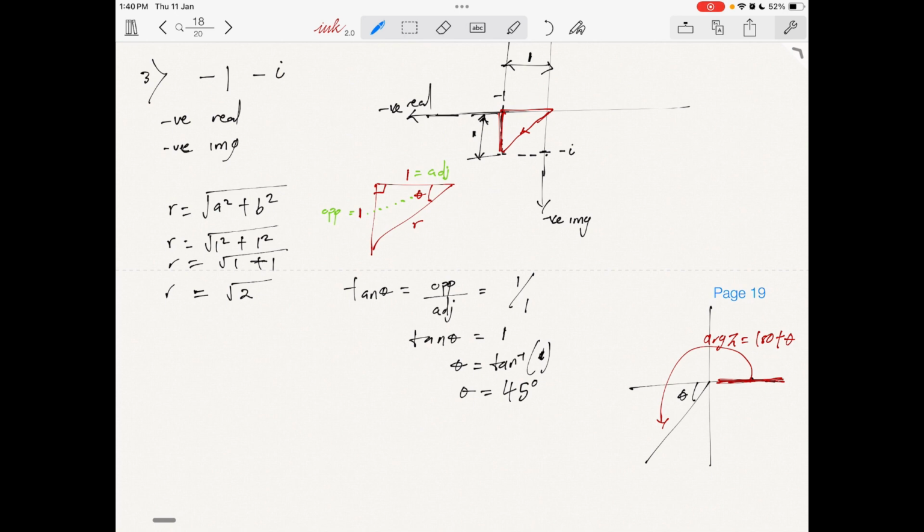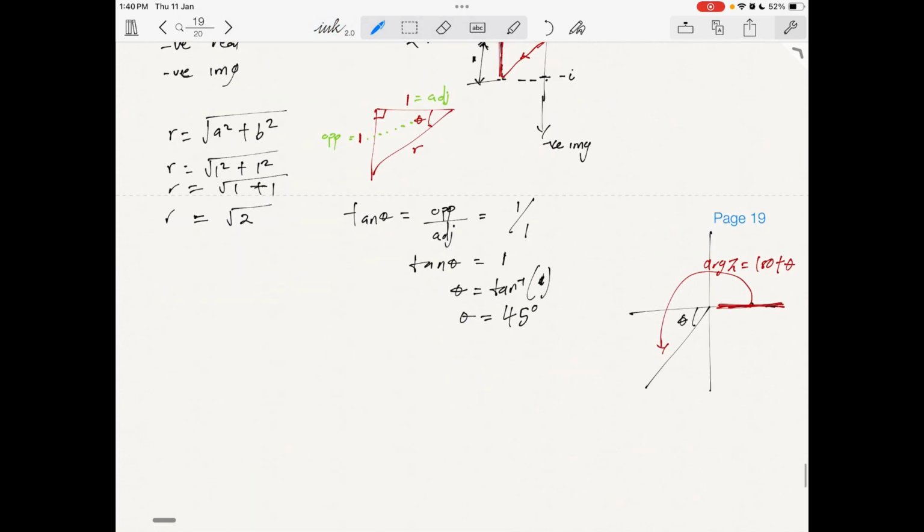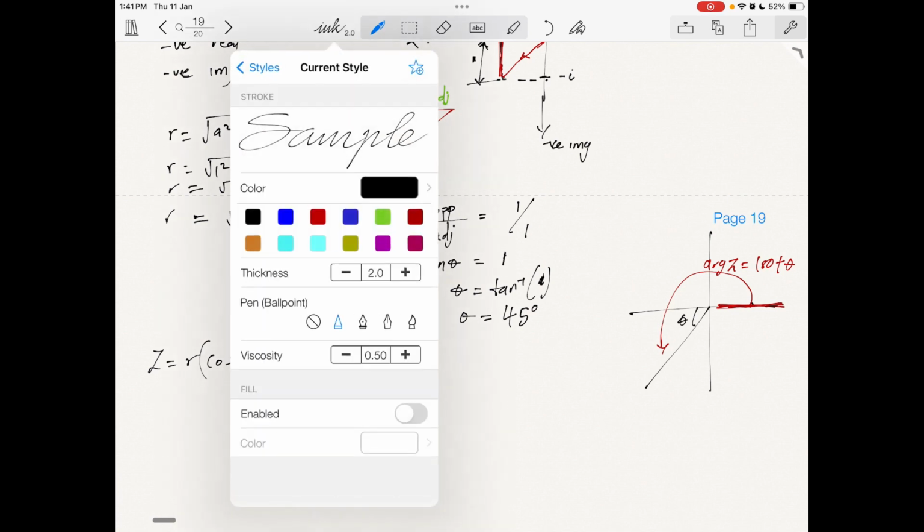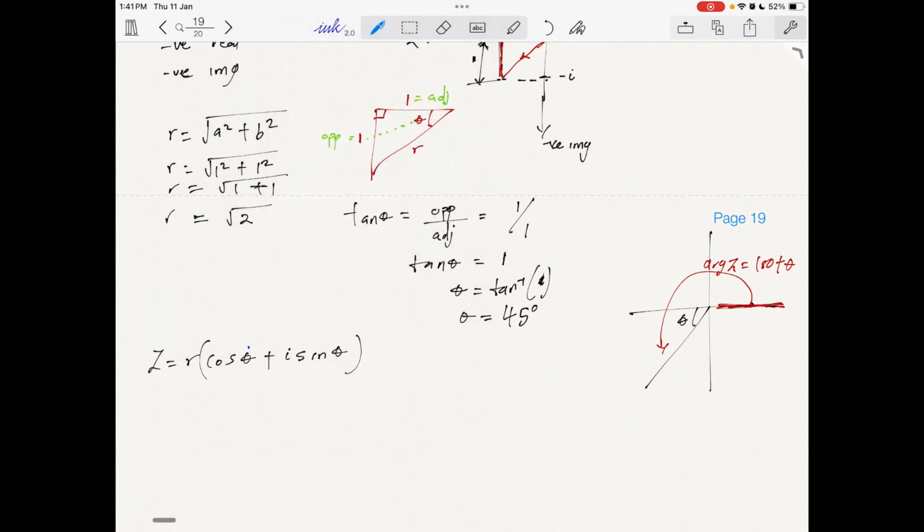After that being said, our Z is equal to R into cos theta plus i sin theta, understanding that this theta now becomes the argument Z.